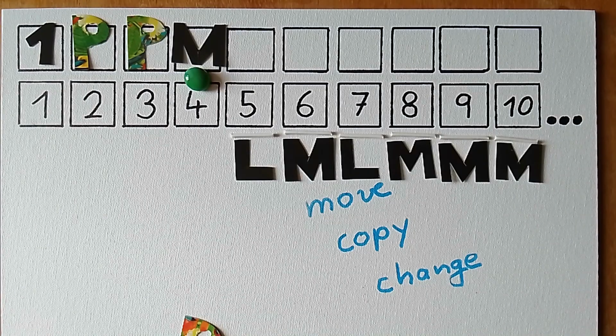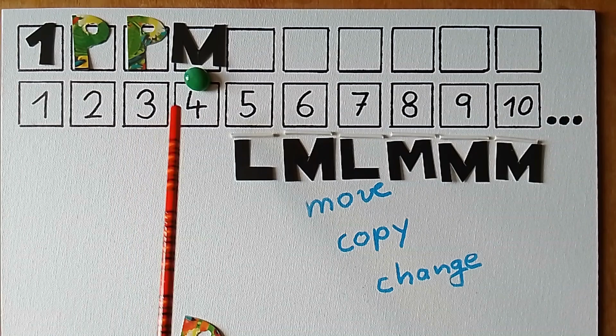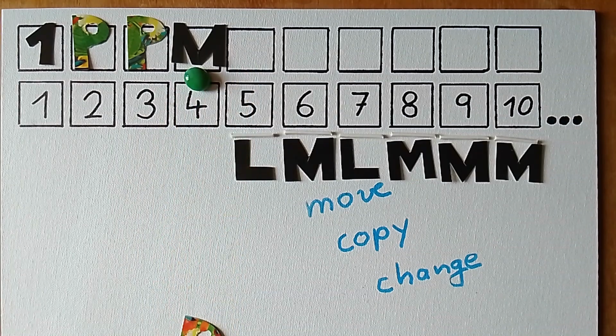It moves, copies, and changes whenever there's an L, and it moves only whenever there's an M. And without putting my game piece on 5, I already can see in the pattern that 5 and 7 are primes.